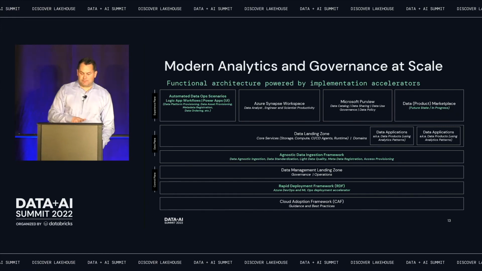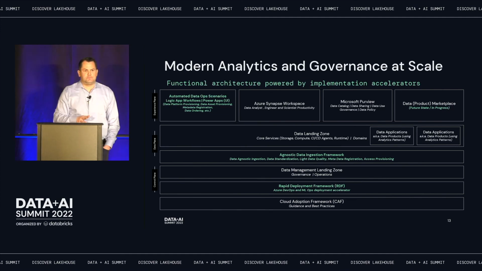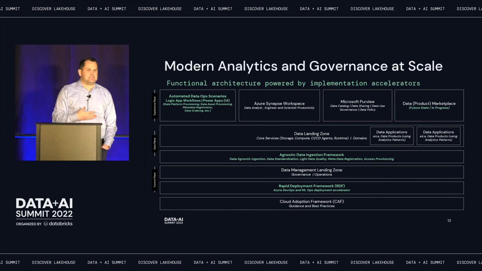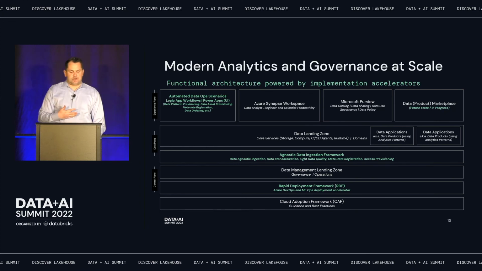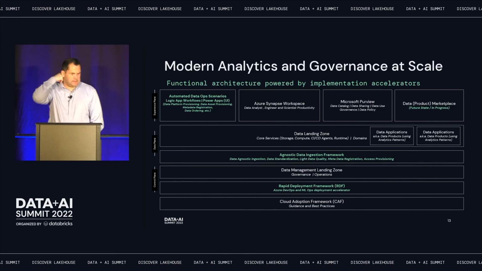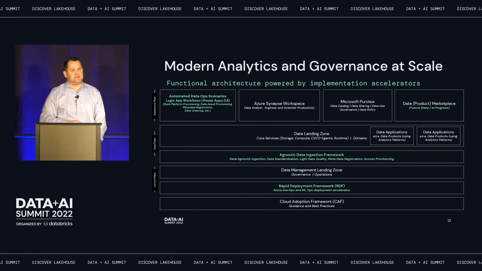In terms of data cataloging, leverage Purview as that unified experience for exploration and data governance at scale. In terms of marketplace, I think this space is emerging. You heard yesterday with Databricks catalog, they have a marketplace capability.